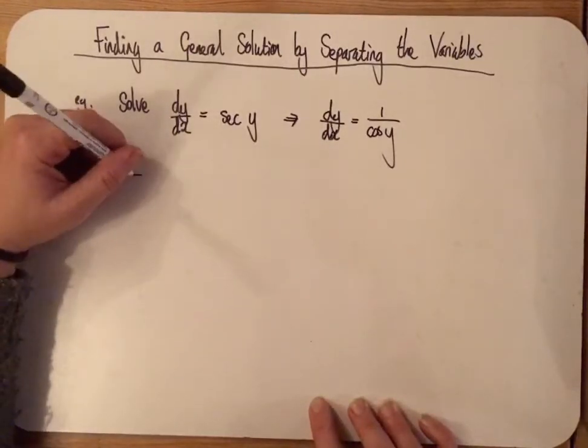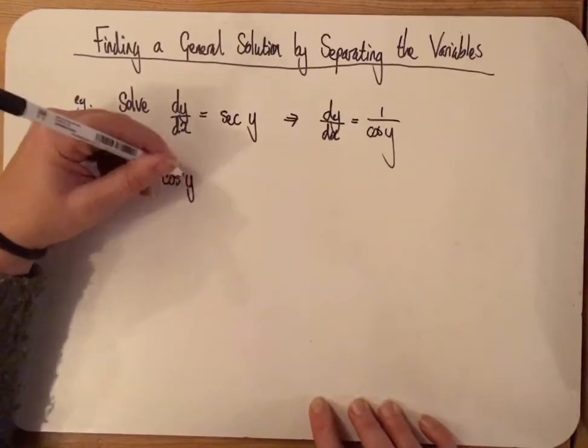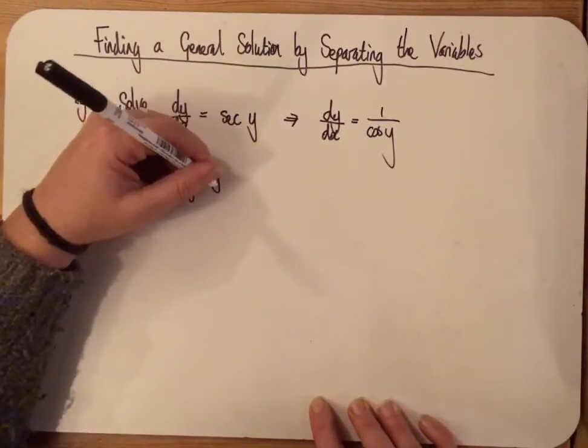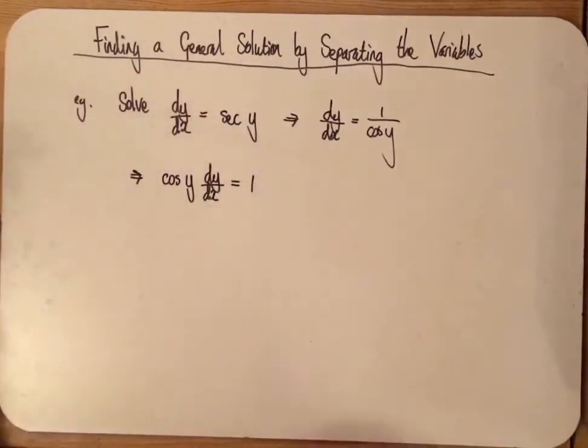And that's the first thing you do. So times in by cos y dy dx is equal to 1. And then you integrate both sides with respect to x.